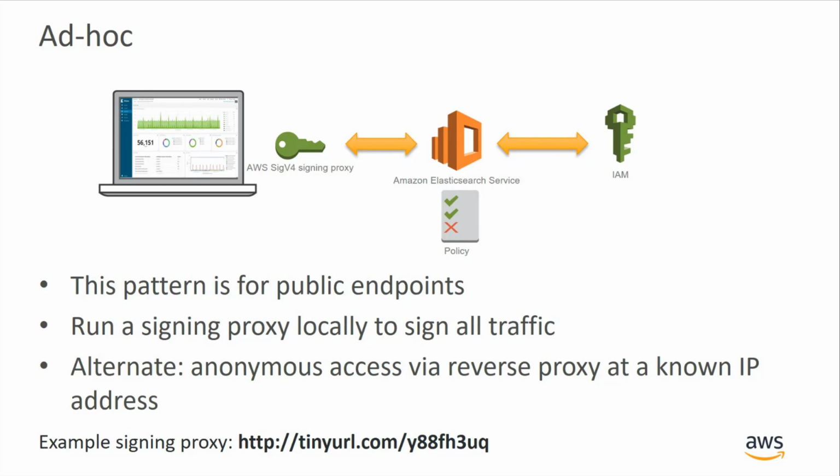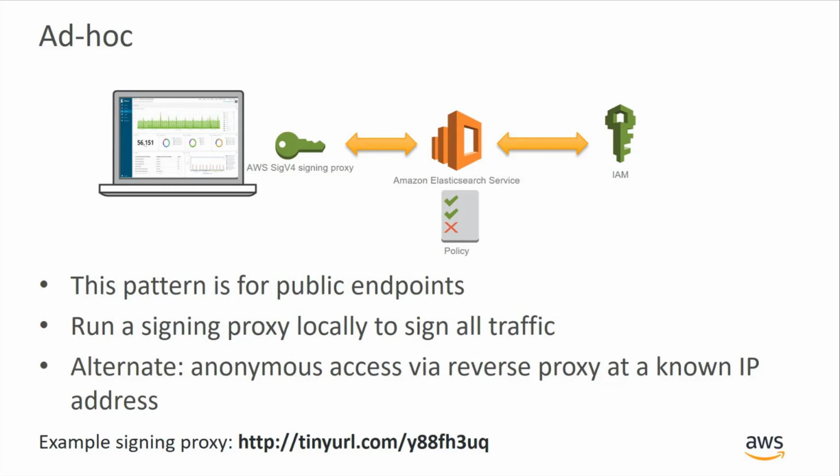And in this case, sorry, not in VPC, for public endpoint. In this case, there are some signing proxies out there which you run locally on your laptop. Those signing proxies take all the traffic and add AWS Sigv4 for signing based on the way the account is configured on your laptop. And they send that to Elasticsearch Service.